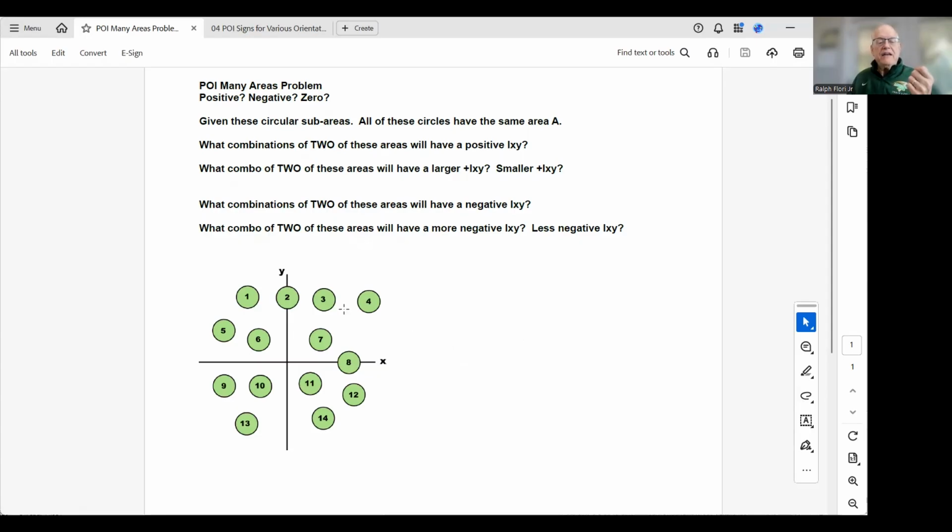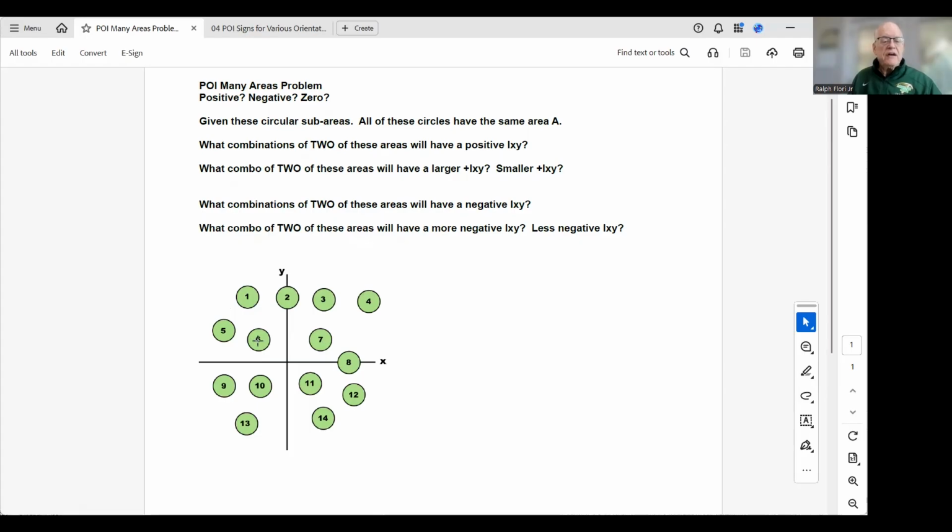If you combine any combinations of these guys, like 1 and 3, because 3 has a positive IXY and 1 has a negative, then they're going to approximately cancel one another out, but it looks like 3 is closer to the y-axis. They look like they're about similar in the distance from the x-axis. So they'll cancel one another a little bit.